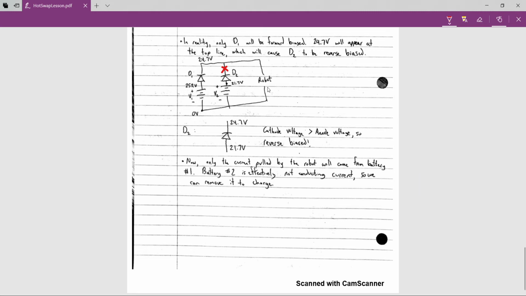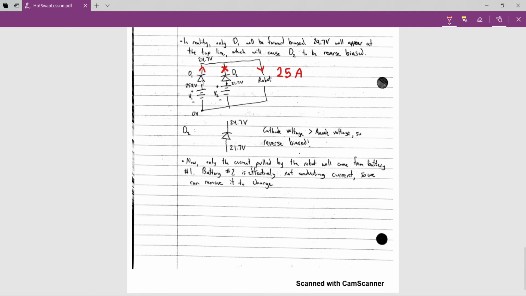So while our robot is operating, maybe we're pulling, I'm just going to pick a number, 25 amps is what all of our robot components need to operate, we'll say. So we need 25 amps here, which means we're going to pull 25 amps from this V1 battery right here. So 25 amps going through here.